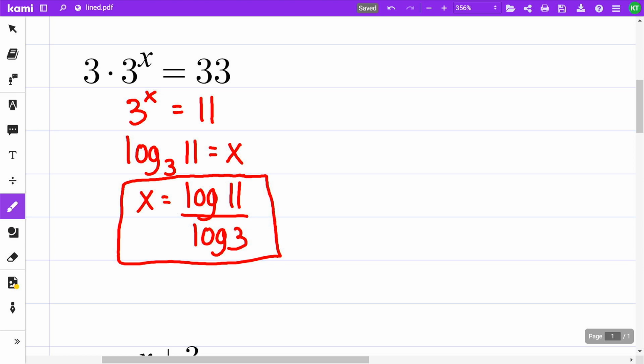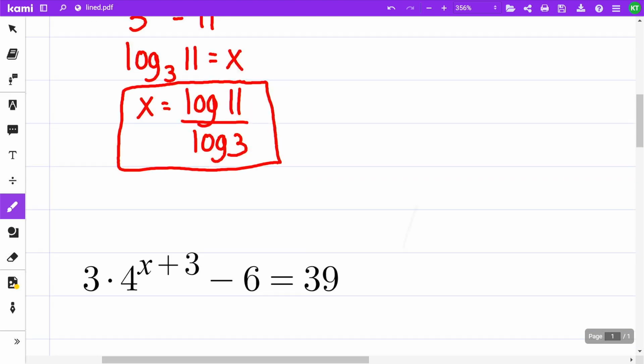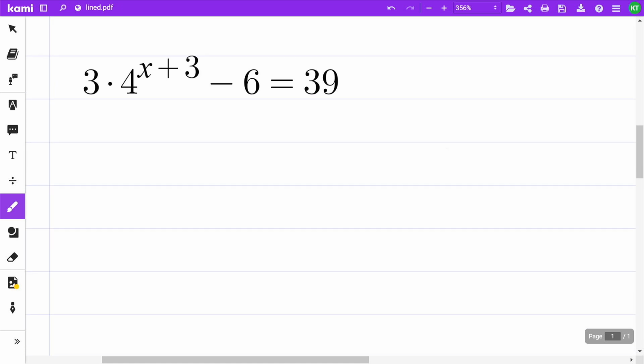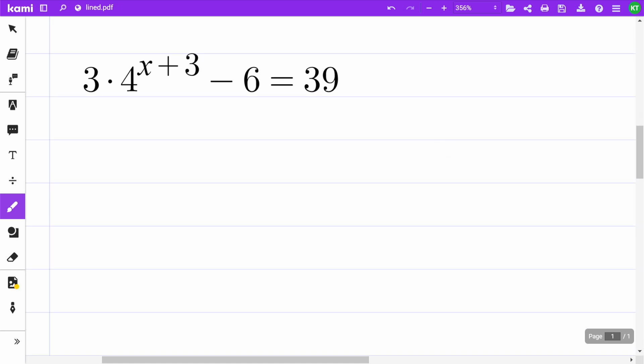Hopefully the first two examples so far weren't too bad. The third one still follows the same rules. We're just going to take it one step further. So now I have 3 times 4 to the power of x plus 3, minus 6, equals 39. Again, just like that previous question, we want to get our exponential part, 4 to the power of x plus 3, isolated first.